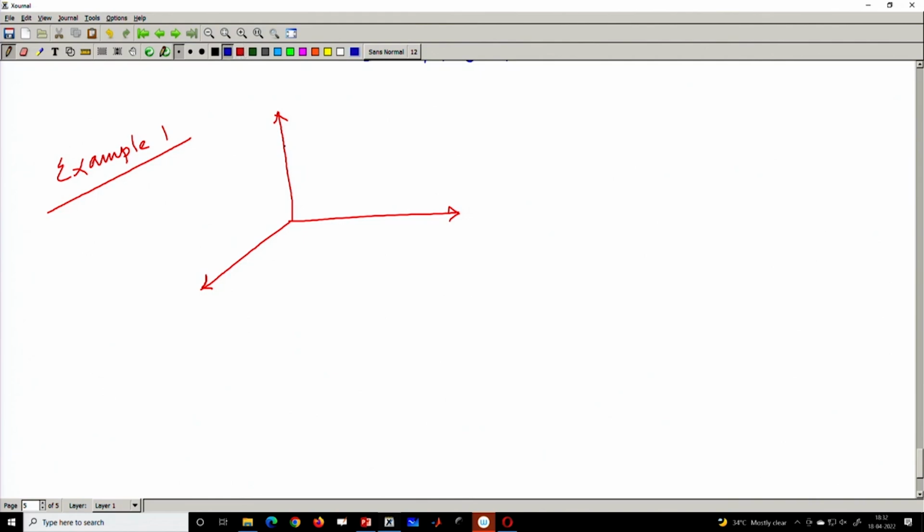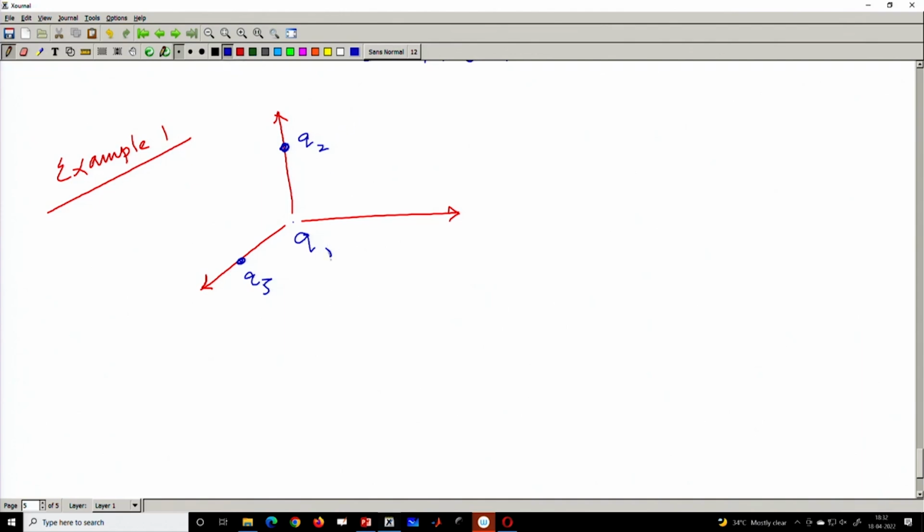One charge is sitting here, say this is q2, another charge is sitting here, say q3, and another charge is sitting at the origin, say q1.